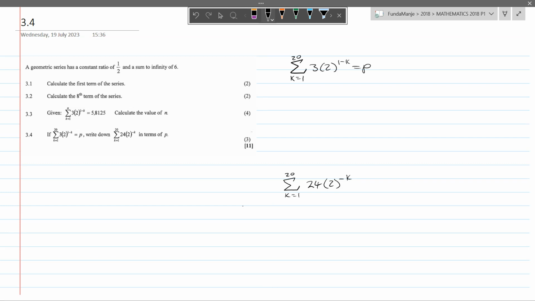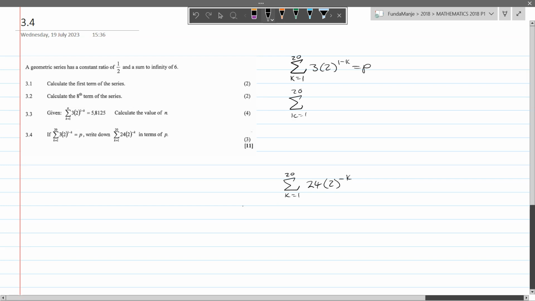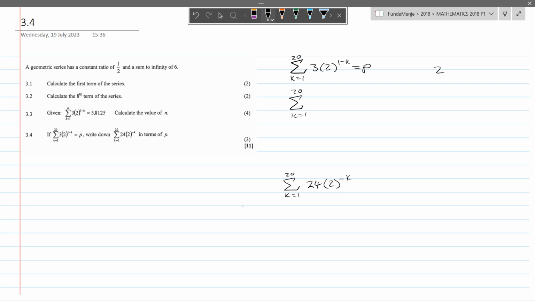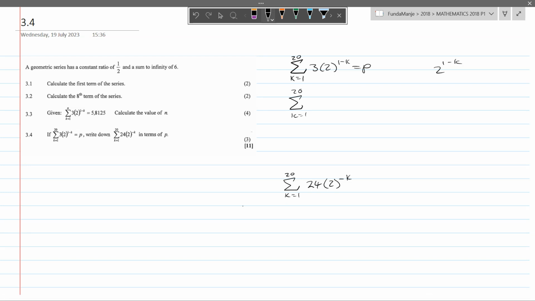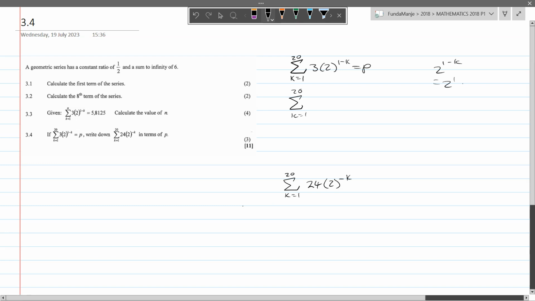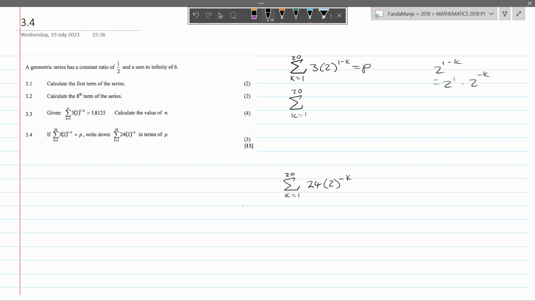So starting with this one, what we can do is rewrite this 2 to the power of 1 minus k, taking this 2 and multiplying the power, which is 1 minus k. We realize this is the same as 2 to the power of 1 multiplied by 2 to the power of minus k.